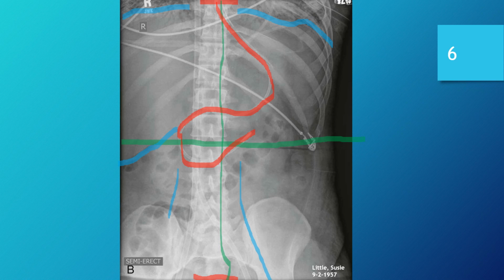In terms of other internal artifacts, this object here has the appearance of perhaps a shunt that originates in the patient's brain and then empties in the abdomen. I'm not certain.